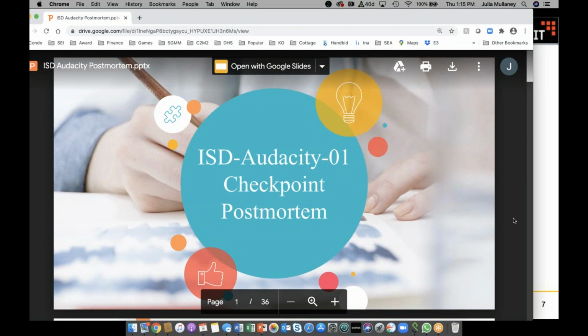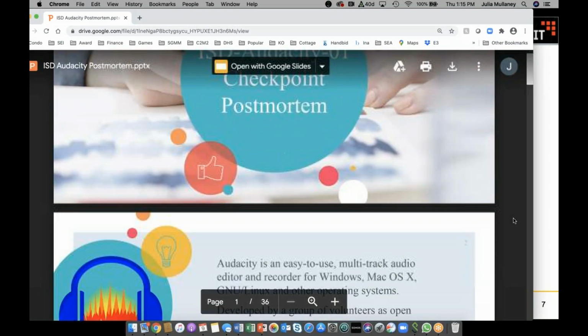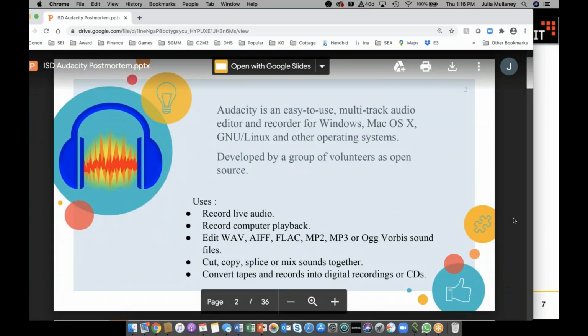So moving on to the next slide, I'll talk about what Audacity actually is. It is a very simple software which you can use as an audio editor and a recorder for a lot of operating systems. This was an open source software, and the people from Audacity contacted a professor, and through him we got this project.